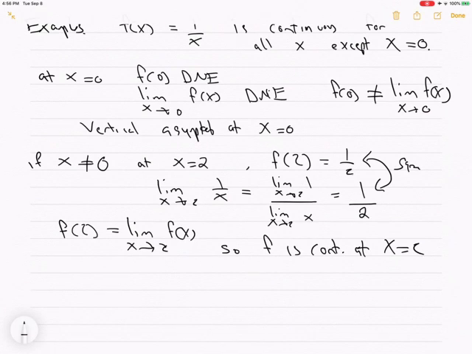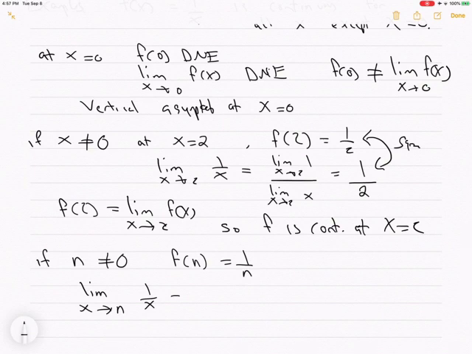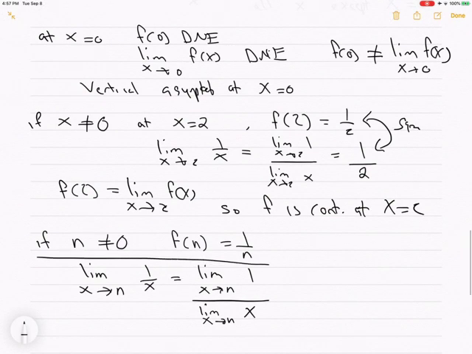And you can repeat the same calculation with any other number. So if n is any number that's not equal to 0, well then what is f of n? It's 1 over n, and n is not 0, so this makes sense. And it's the exact same calculation as before. The limit as x approaches n of 1 over x. Again, since n is not equal to 0, it's the exact same calculation as before. It distributes over the division. This is one of our properties. I'm going to put a little line here so you can see what's going on.